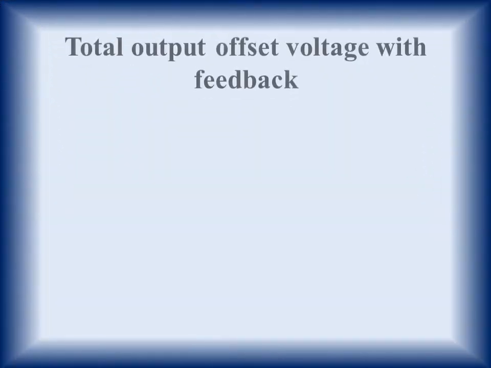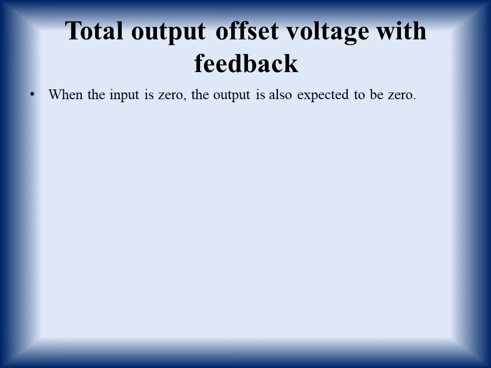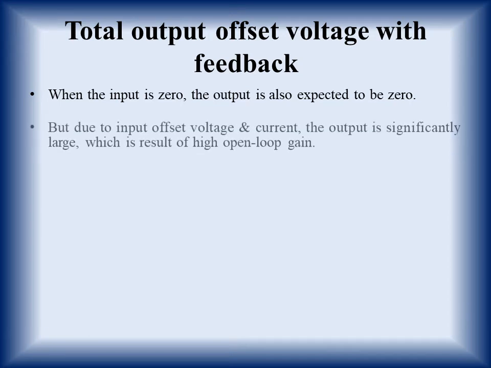The next parameter that we will discuss is total output offset voltage with feedback. We know that if we apply no input, that is, the input is 0, then the output should also be 0 because we are not providing any signal.